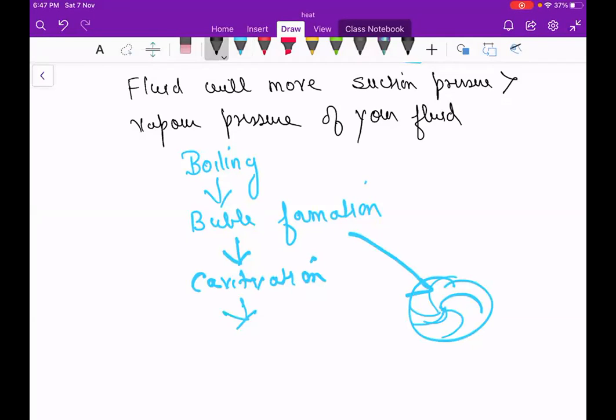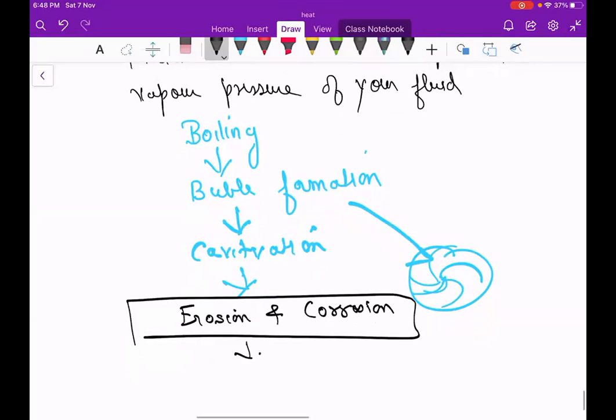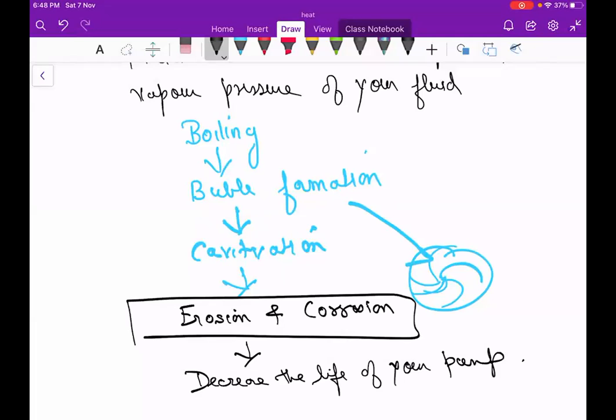When they strike the impeller, first erosion will take place and then corrosion will take place, and that will decrease the life of your pump, because the bubbles strike the impeller.